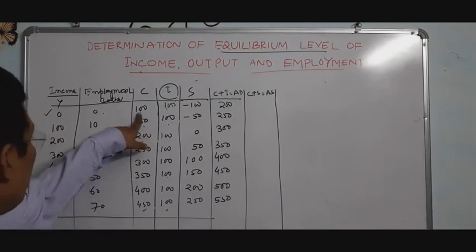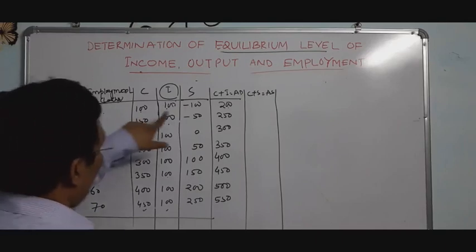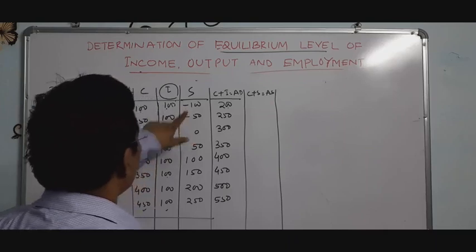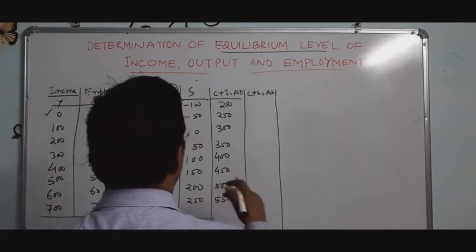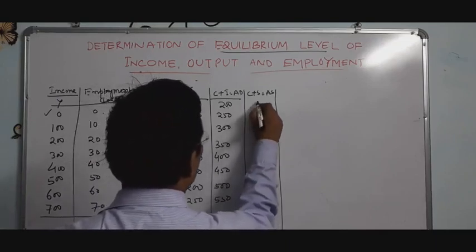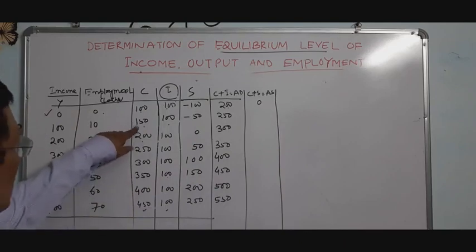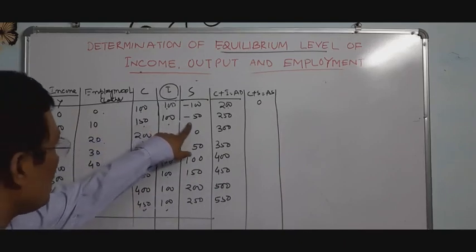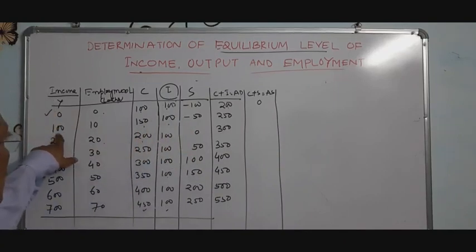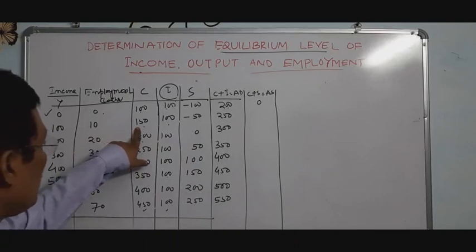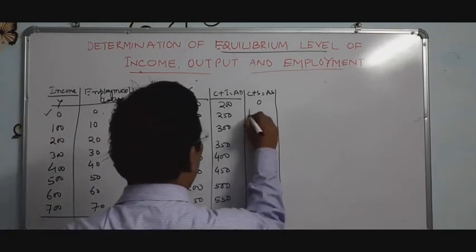C is 100 at zero level of income, and S is minus 100, so C plus S is 100 plus minus 100 equals 0. Similarly, consumption is 150 and saving is minus 50 at the 100 level of income, so 150 plus minus 50 equals 100.